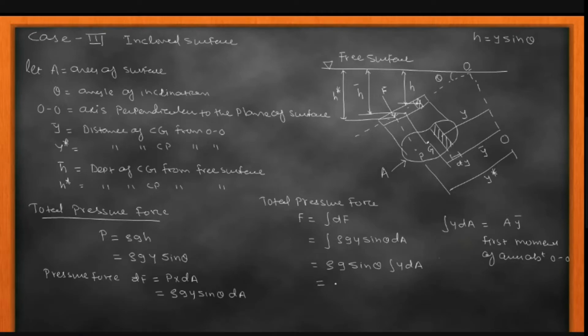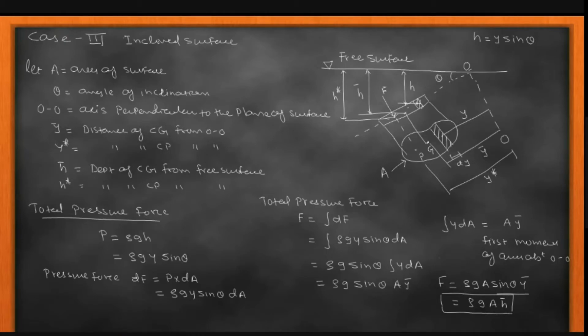And here we get rho g sine theta into A into y cut. So this is our expression for the total pressure force: F equals rho g A sine theta into y cut. We also know that sine theta into y cut equals h cut, so F equals rho g A h cut. So we get the same expression for the inclined case also.